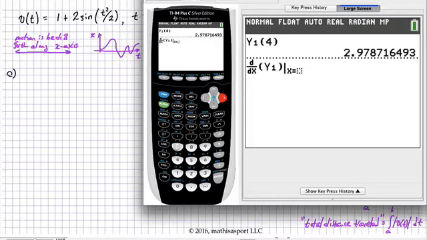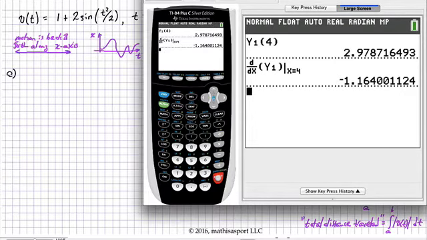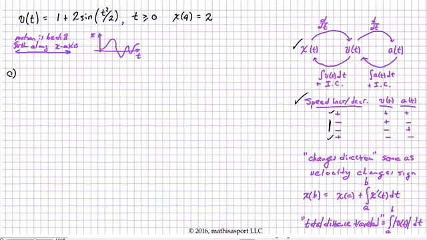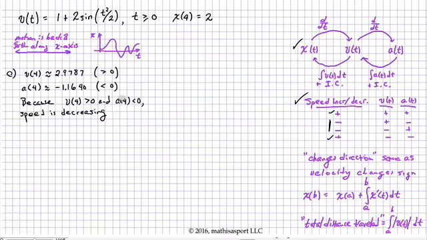And we're also interested in knowing what acceleration, the derivative of velocity, is at time t equals 4. It's a negative number, negative 1.164. So that allows me to write this all up as follows. Namely, because the velocity is positive and the acceleration is negative, the speed is decreasing.